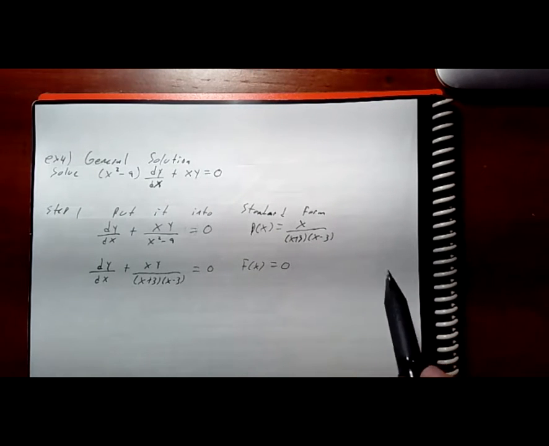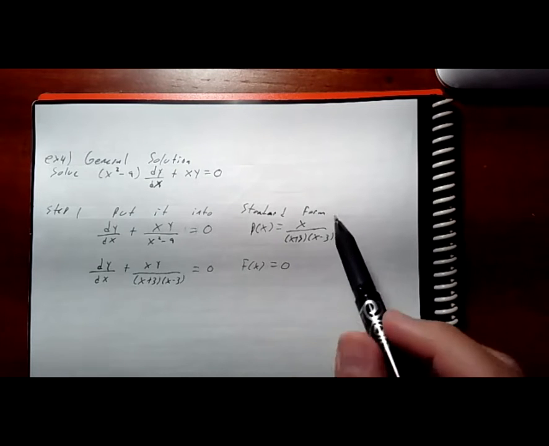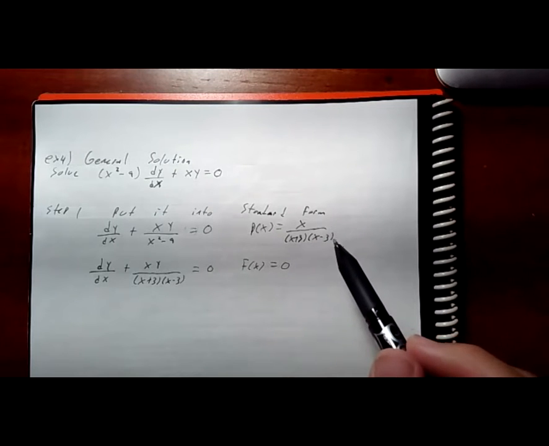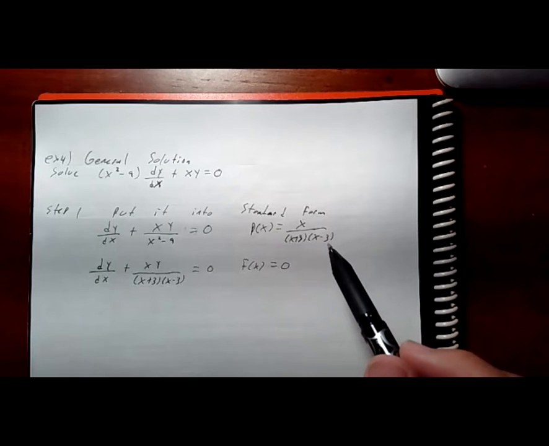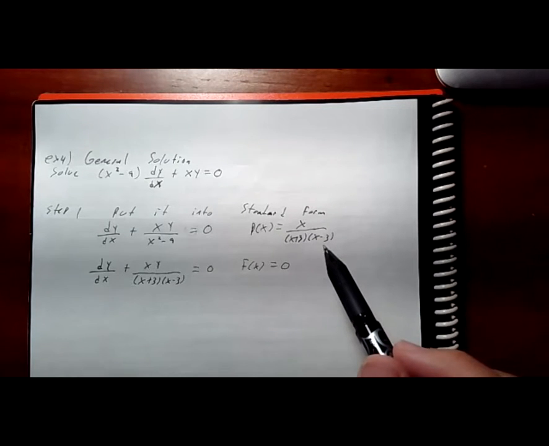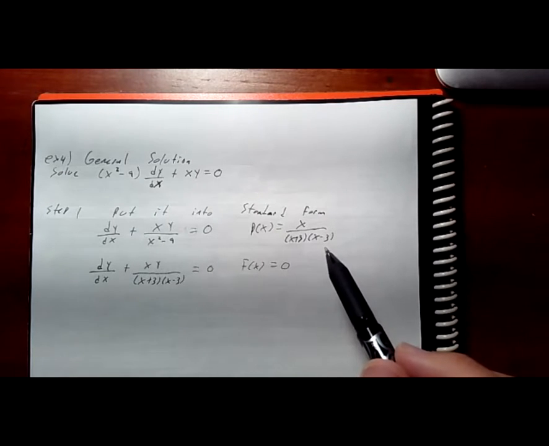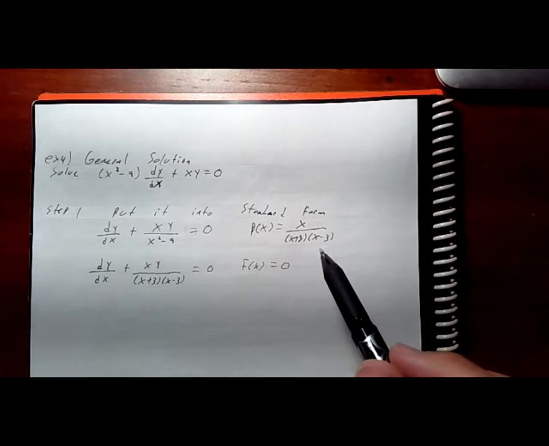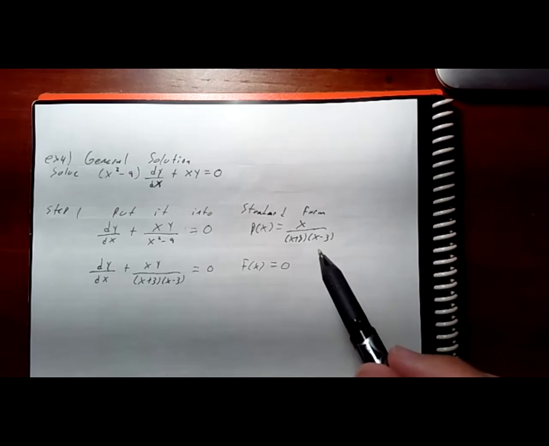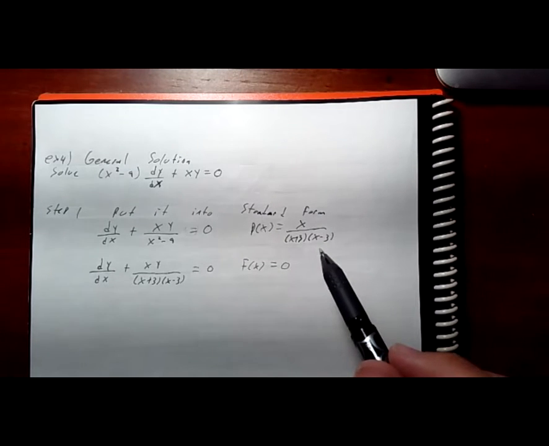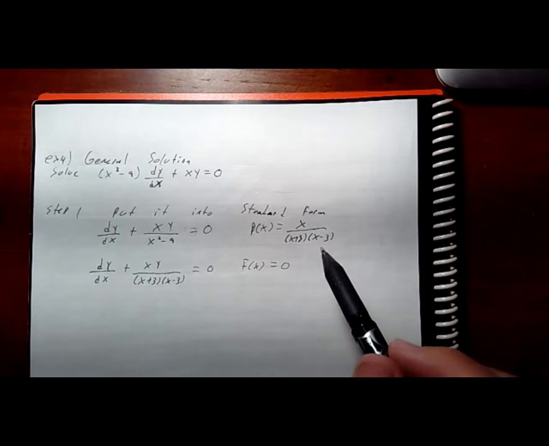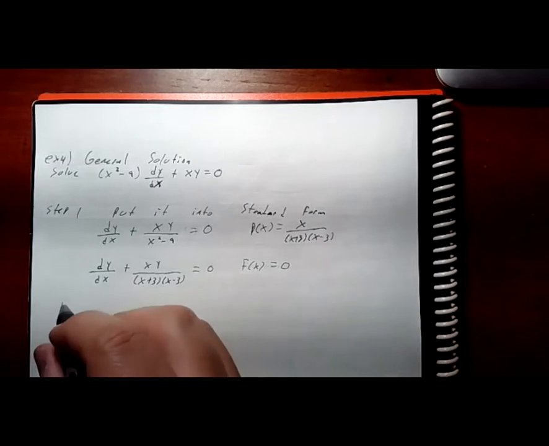But we're going to have to integrate p of x. Do you remember what type of integration this would be? This is going to be integration by parts, sadly.